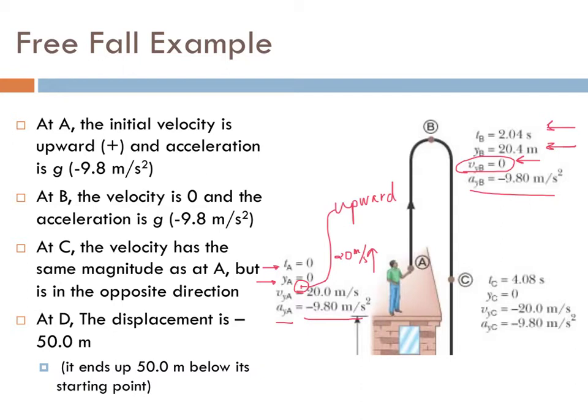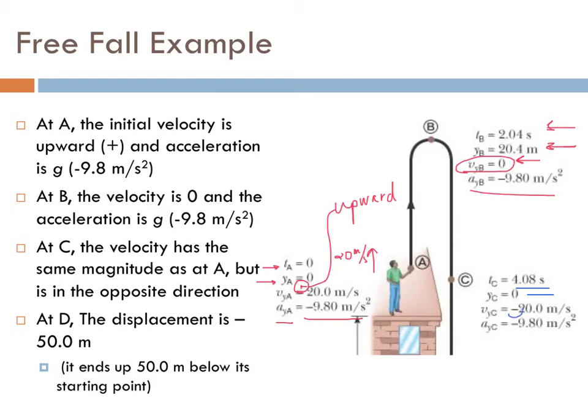Now over here at position C, it's telling you that we are 4.08 seconds away from when we started. So this is 4.08 seconds later. Our displacement is 0. That means we have ended up exactly where we began. Anytime that you start and end at the same position, your change in position is equal to 0.